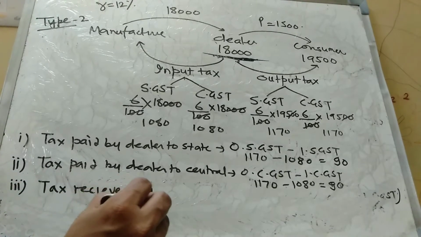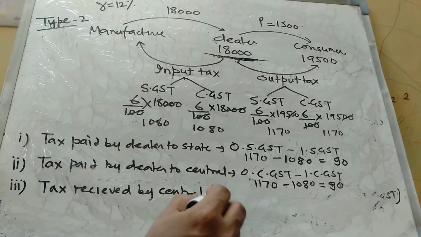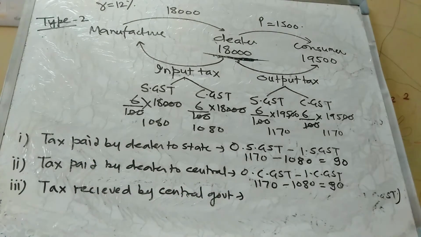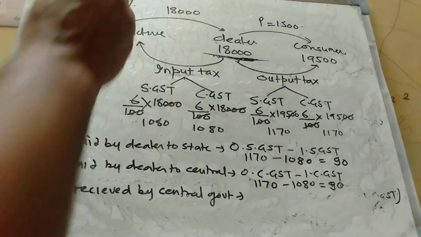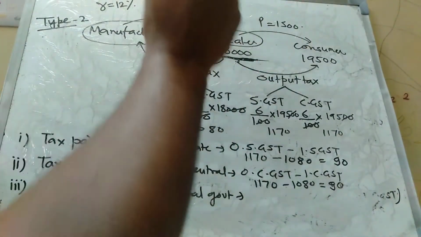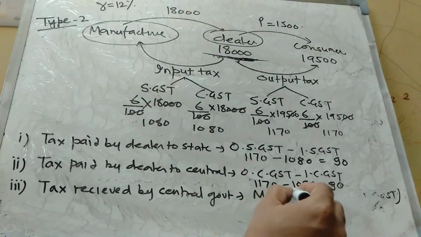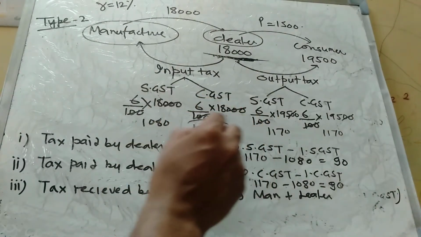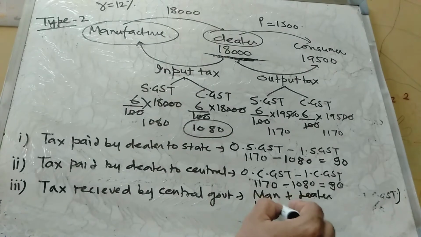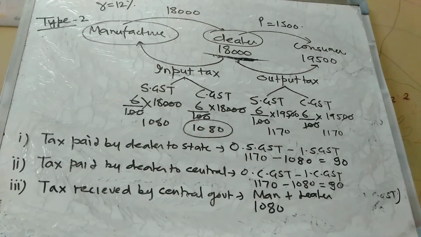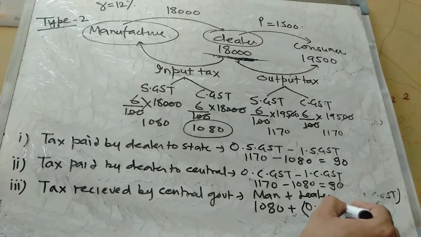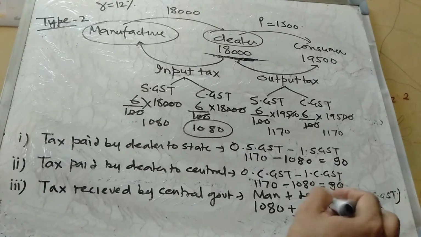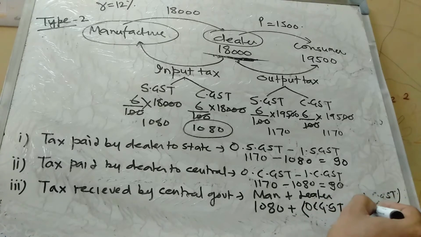The central government will receive tax from two persons, the manufacturer and the dealer. The manufacturer will give tax to the central government, 1080, the amount he got from the dealer, and the dealer will pay the difference, output CGST minus input CGST.